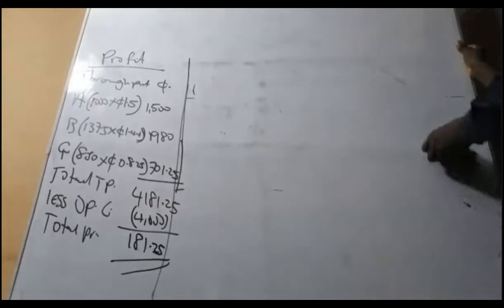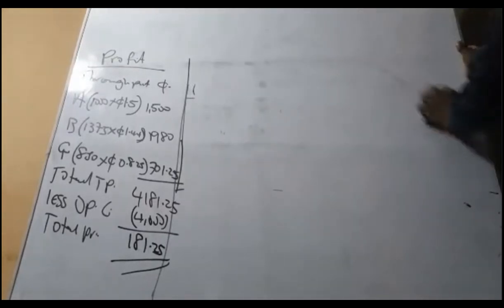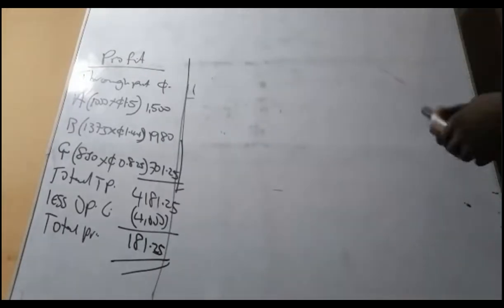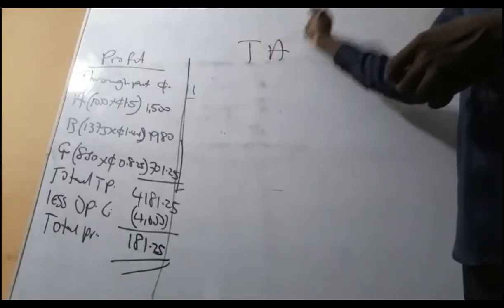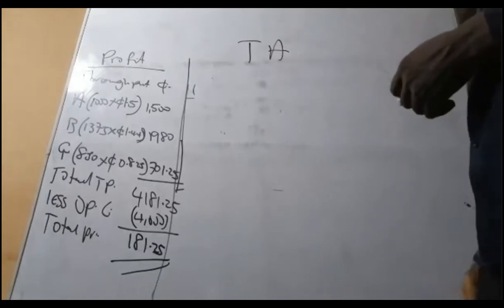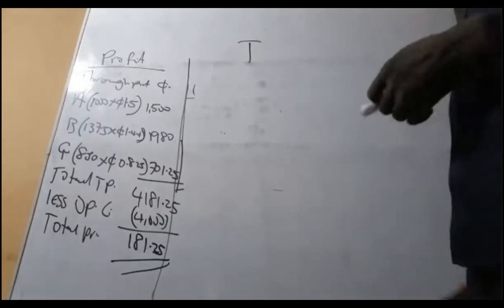Throughput accounting ratio. We said that throughput accounting ratio is the ratio that determines the profitability level of a product. It just measures the profit contributed by each product. So we call it throughput accounting ratio, TAR or TPAR.